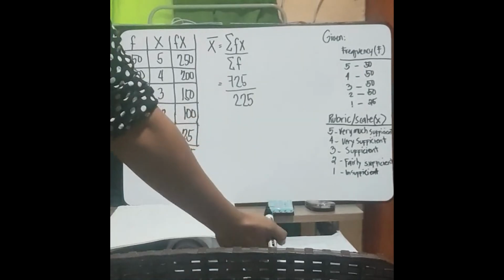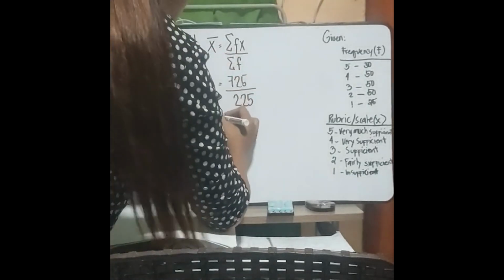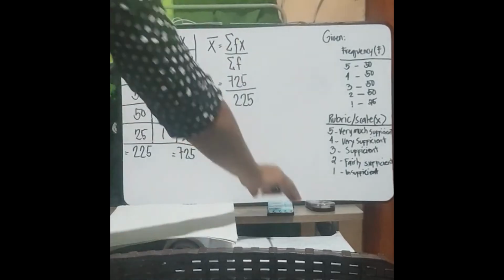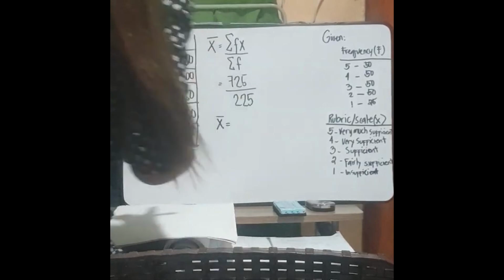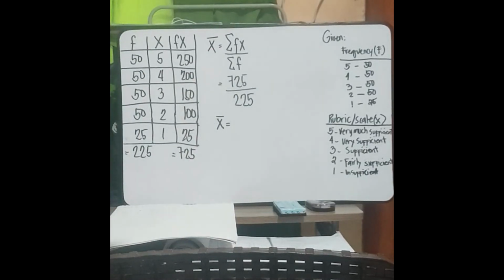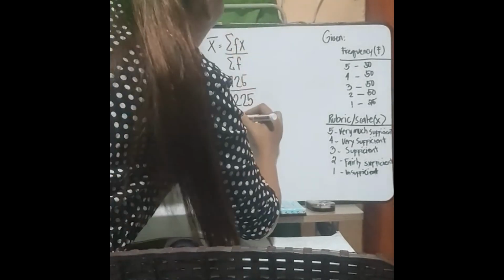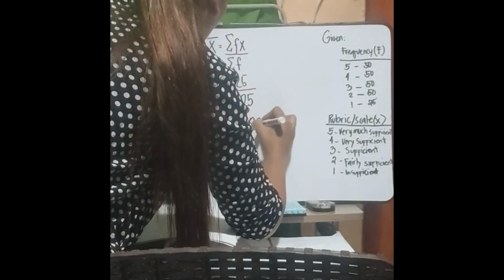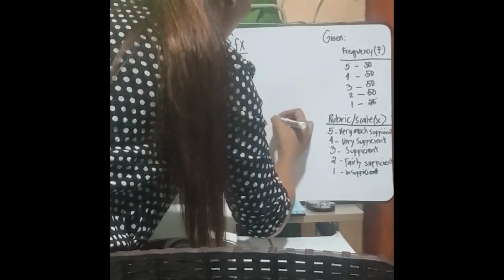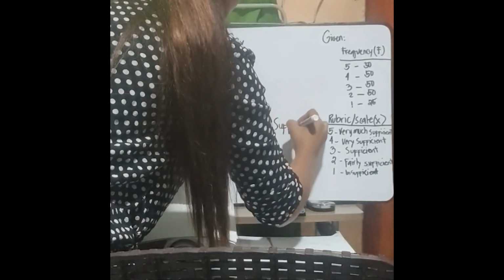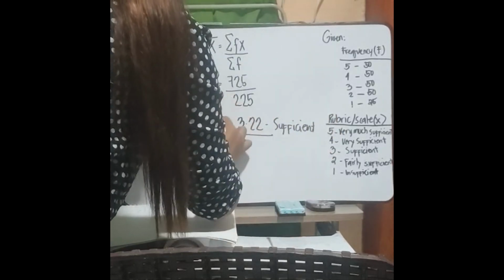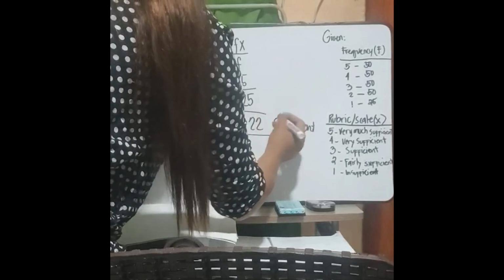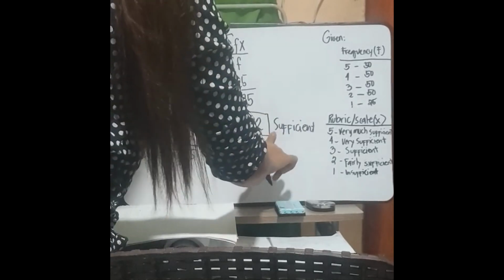Okay, you still follow? So, same process, 725 divided by 225. So we will obtain the total arithmetic mean value, which is 3.22. Alright? Which happens to be sufficient. So here is our weighted arithmetic mean.